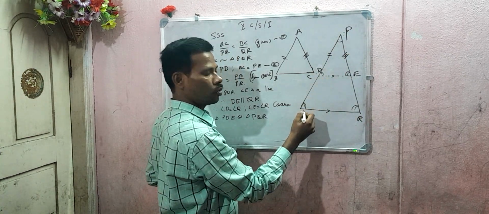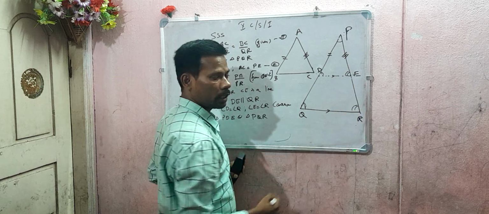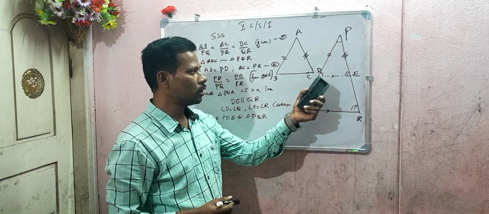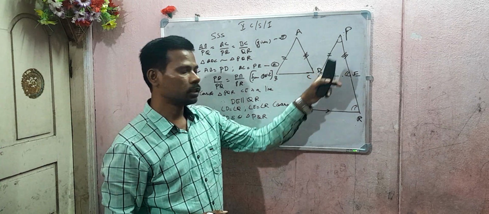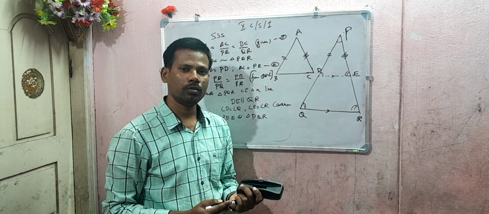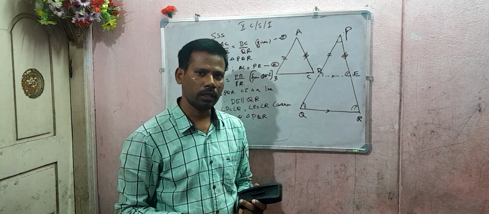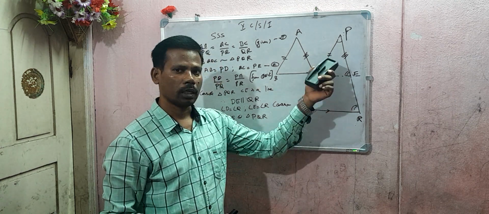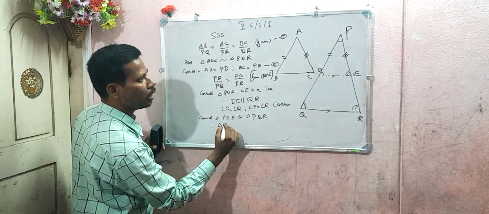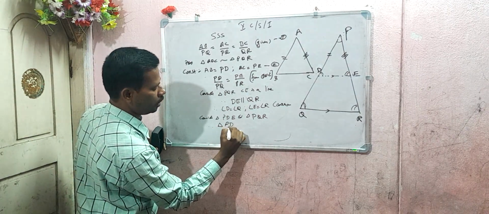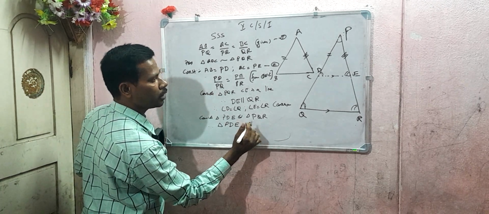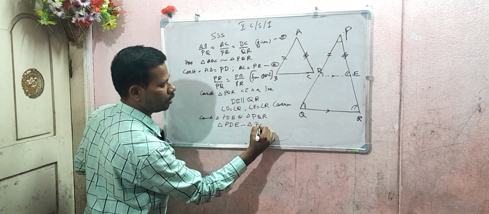Next, angle D is equal to angle Q, angle E is equal to angle R. So, what can you say? Two triangles are there, their corresponding angles are equal. That means by angle similarity, these two triangles are similar. Therefore, triangle PDE is similar to triangle PQR.